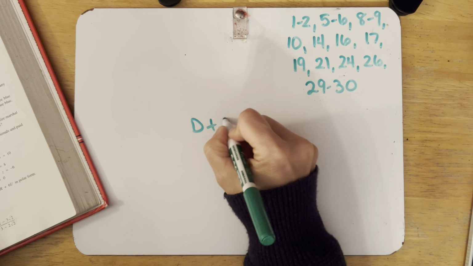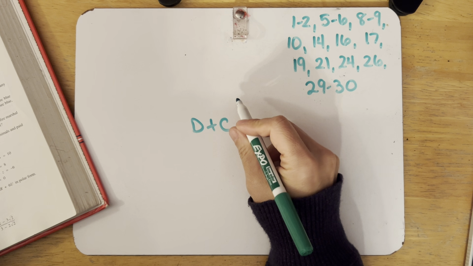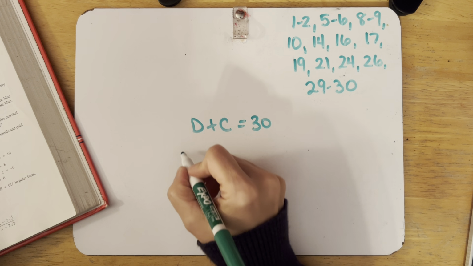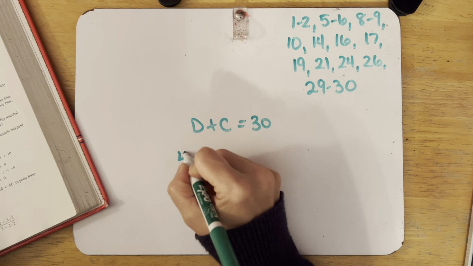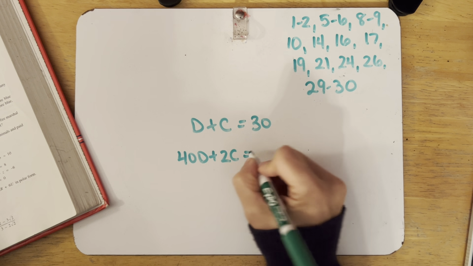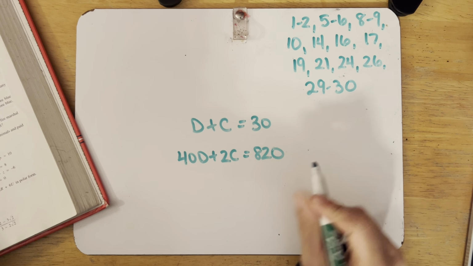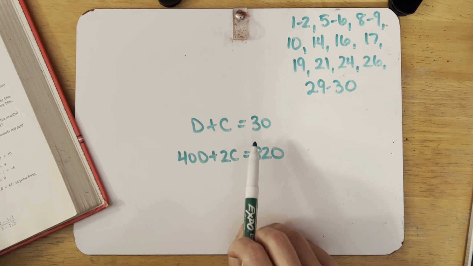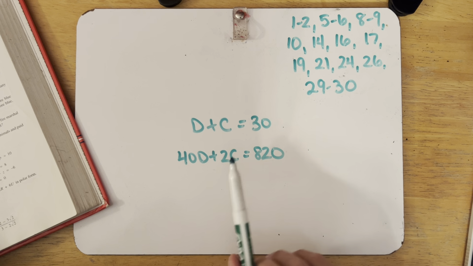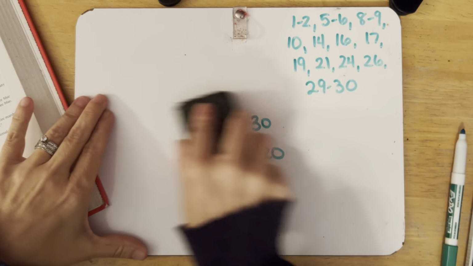So dogs plus cats equals 30. And then we need to put in our dollar amounts. So 40D plus 2C equals 820. Okay, you can solve this now with these two equations. So you need to make this say C equals and then substitute it into C and solve for D and C.